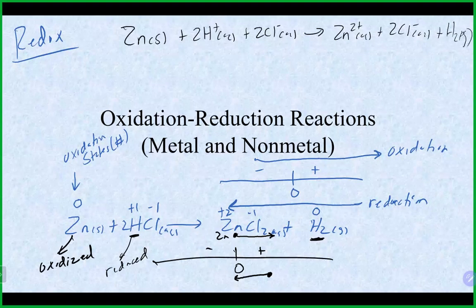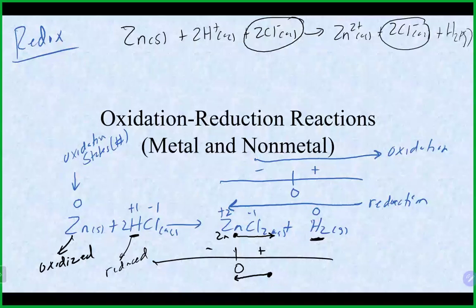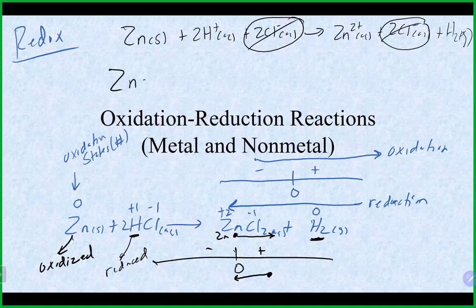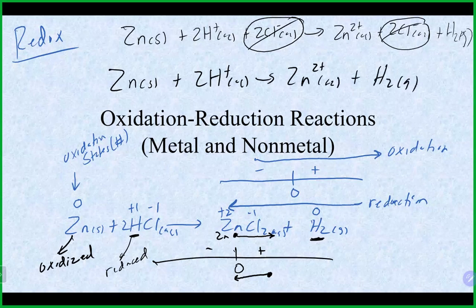Now, when we look at this, our spectator ion in this case is our chloride, as we just talked about. Nothing's happening with it. It's just hanging out, floating around, having a good time. We will cancel it out. And we could actually write a net ionic equation that really describes what is happening in this reaction, which is, in this particular case, the zinc, as we talked about, which is getting oxidized, which means it is going to lose electrons.